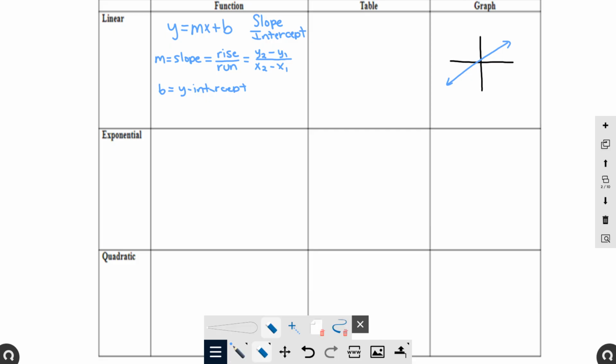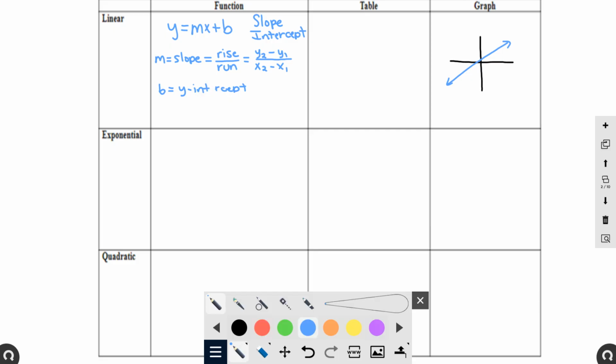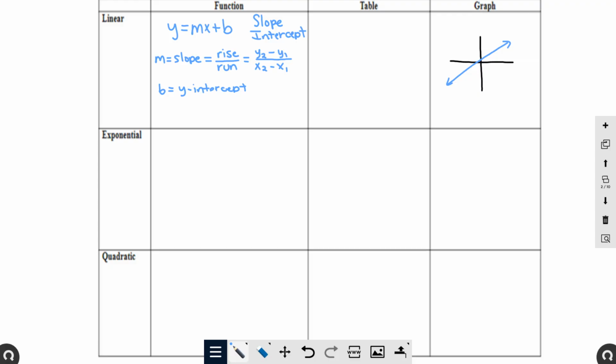The y-intercept. And so that's why we call it the slope-intercept form, because it tells us the slope and it tells us the y-intercept. There's another form that we're going to look at later, so if you have a little bit more room in that box, then you can add to it in a minute.